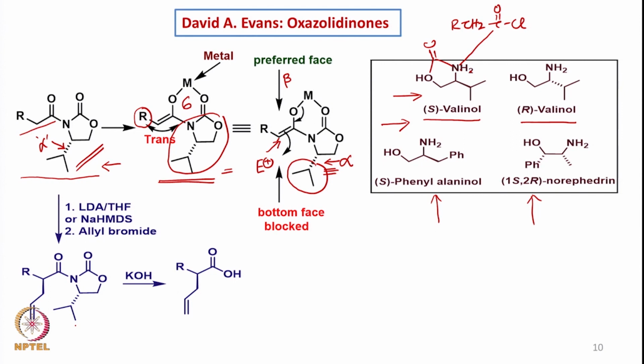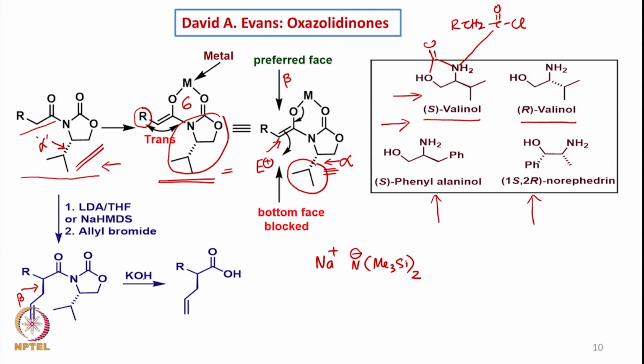So for example, if we take this particular compound and react with LDA in the presence of THF, or sodium hexamethyl disilazide, so basically it is sodium plus hexamethyl disilazide, N minus and Me3Si twice, and then that reacts with allyl bromide, you see now it gives a beta orientation of the allyl group.